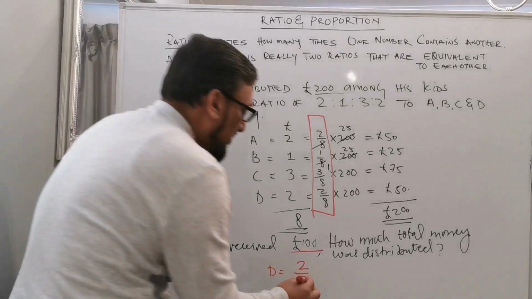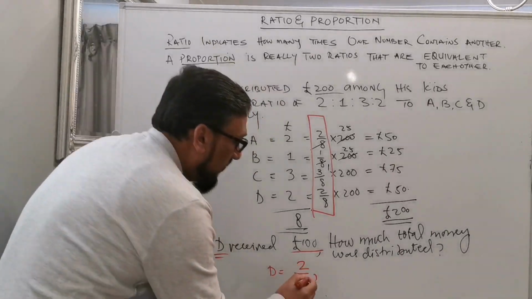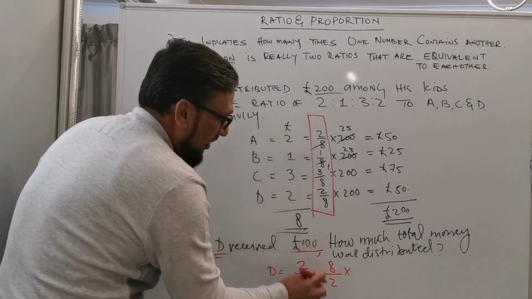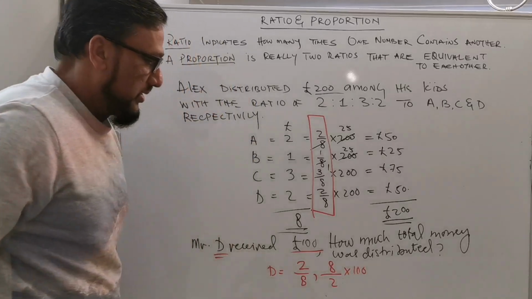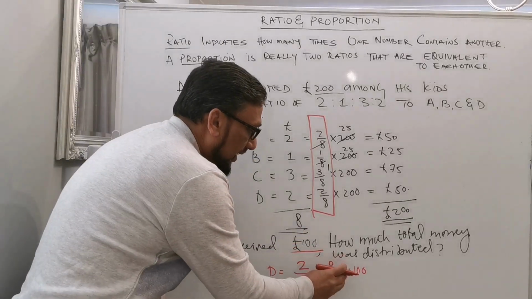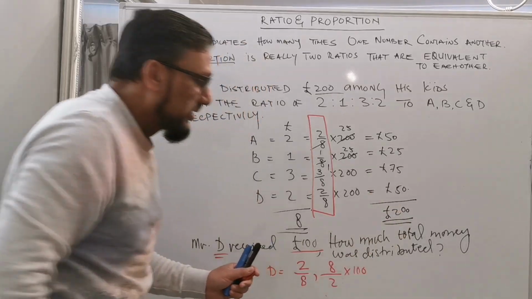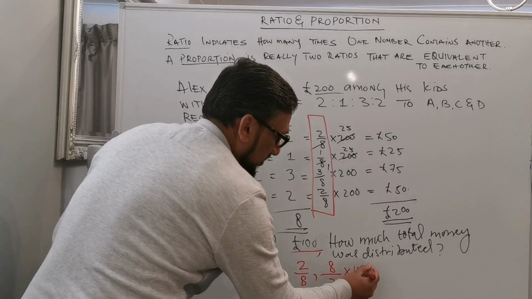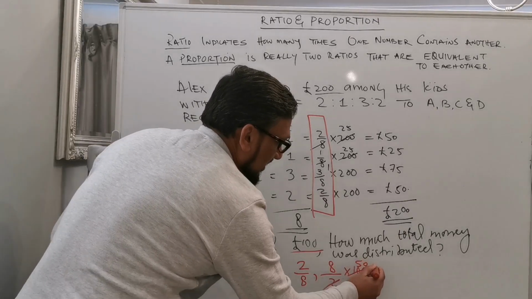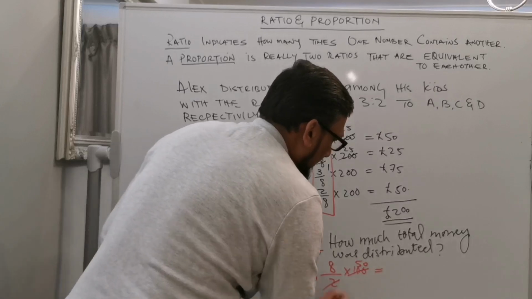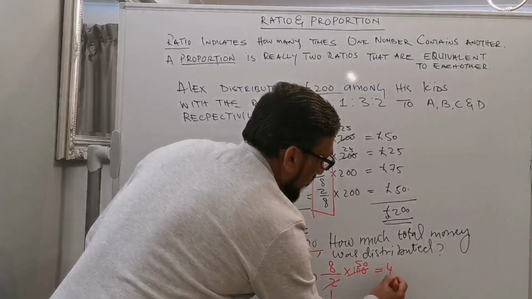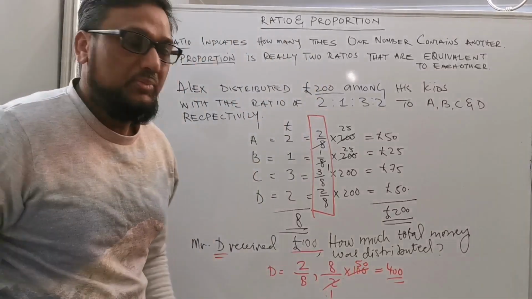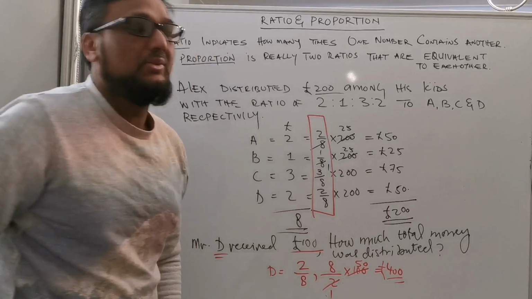So if I flip this, 8 over 2 times 100, I can find the total money that was distributed. 2 times 1 is 2, 2 times 5 is 10, 0, and 8 times 50 is 400. So the money distributed was 400 pounds.